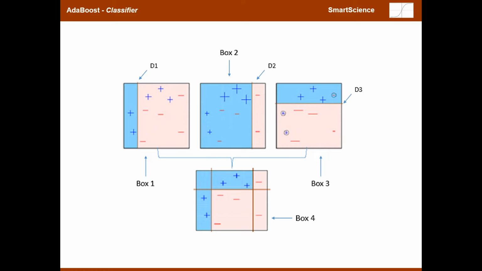But you may have questions about what is the meaning of increasing the weights, or how much is the increase in weight, so on and so forth. And finally, how are we going to aggregate the result of different trees, things like that. Such questions can be addressed only by looking at a pseudocode.